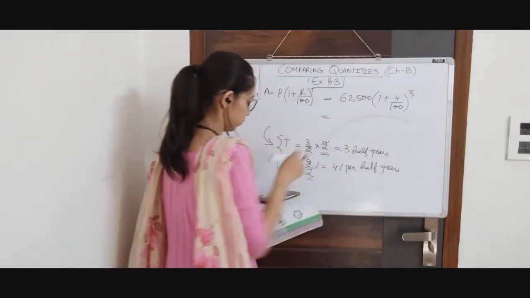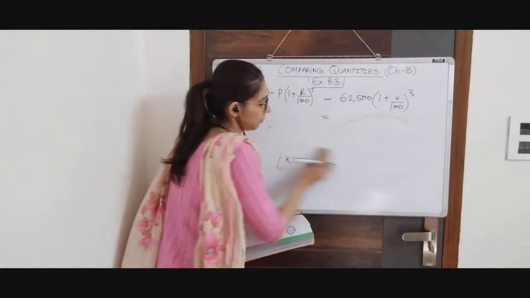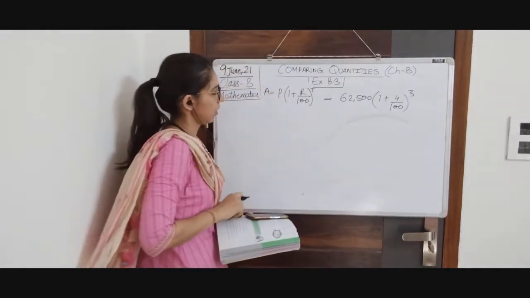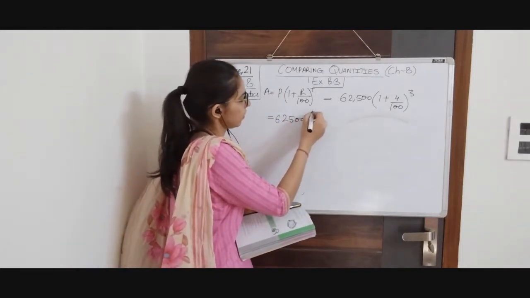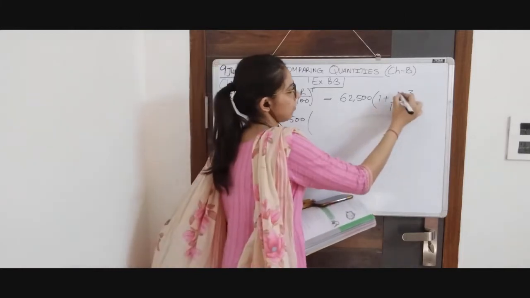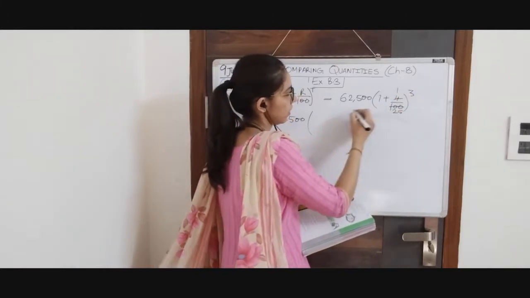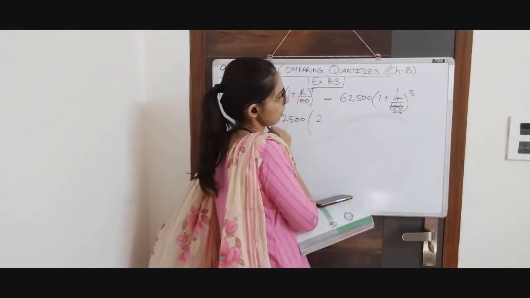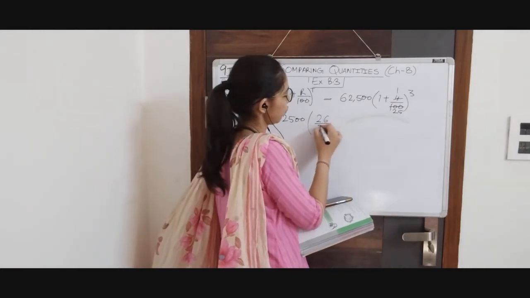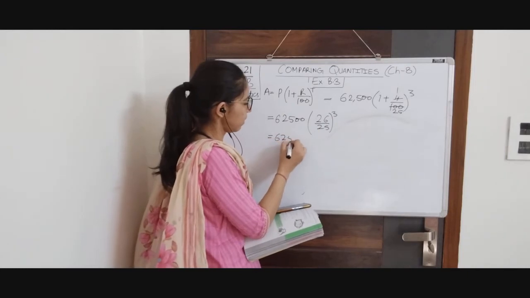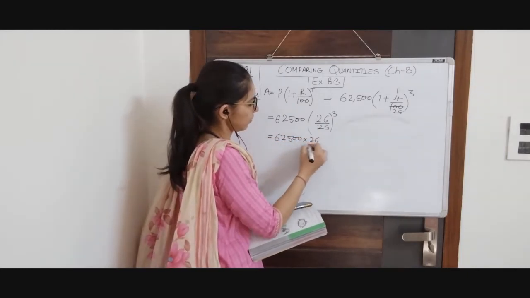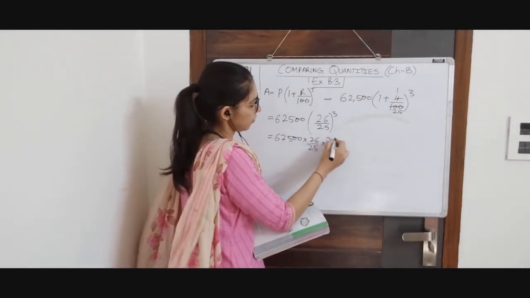So it will be equal to 62,500 times (1 plus 1/25), I will cancel this out. It is 25 plus 1, 26 by 25, to the power 3. Power 3 means we have to multiply this term 3 times.